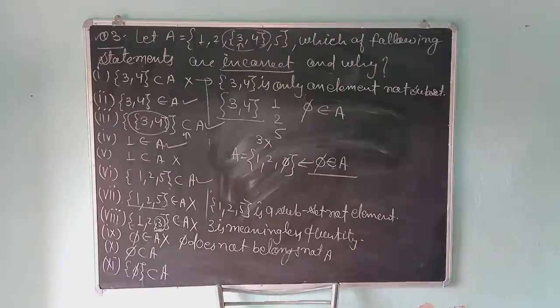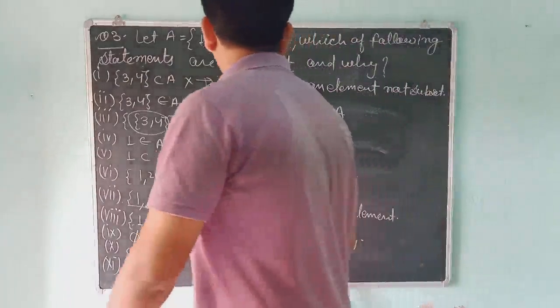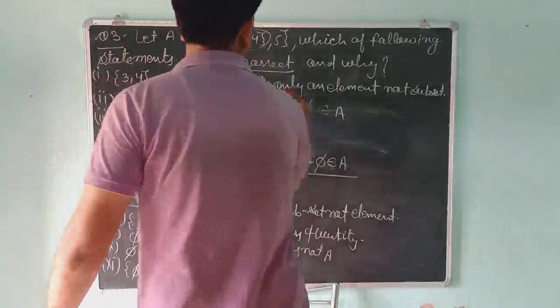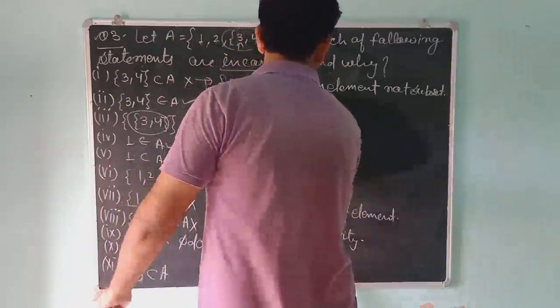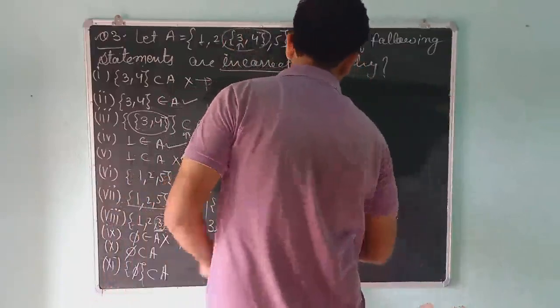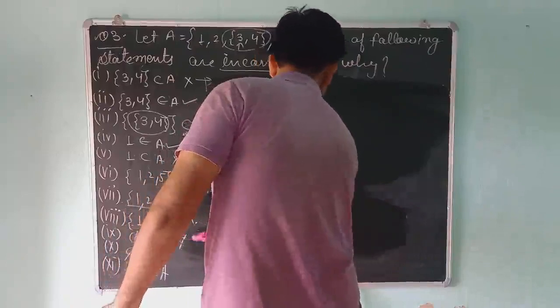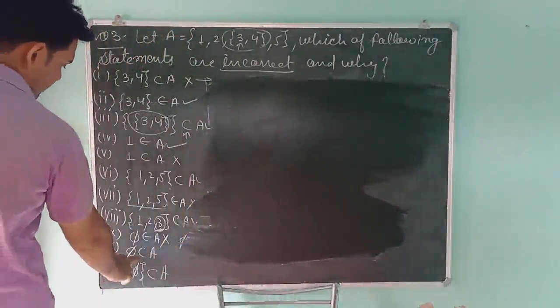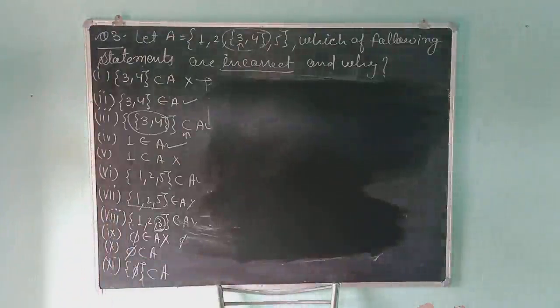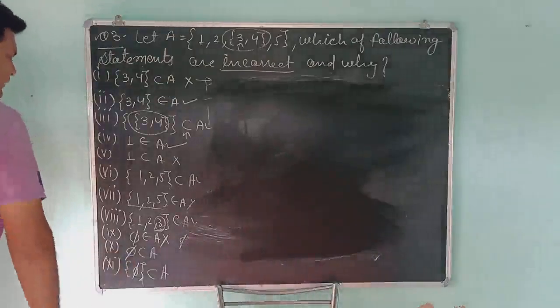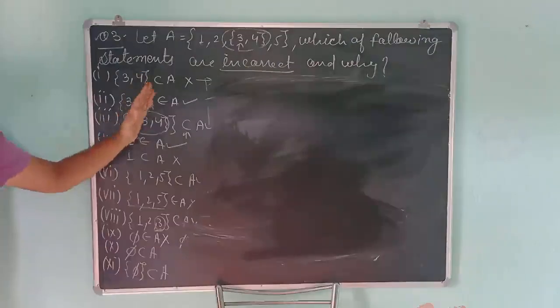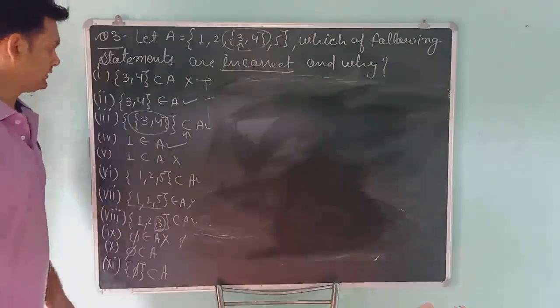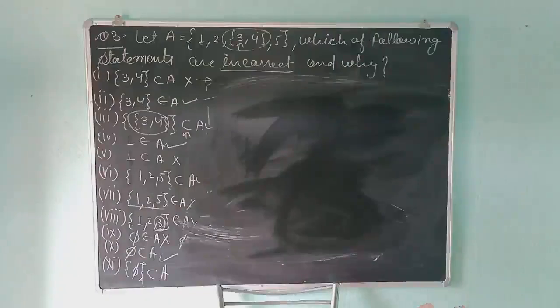According to the next question, students, we have 5 is a subset of A. Students, I already told you 5 is an empty set, and this is a subset of every set. So this is a correct statement.